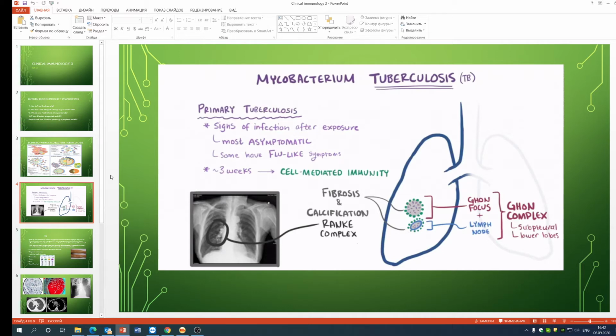First of all, you can see it's a very thick waxy coat. What does this waxy coat do? It increases resistance against the immune system, so it's more difficult for macrophages to break it down. It also slows down the growth of the bacteria.